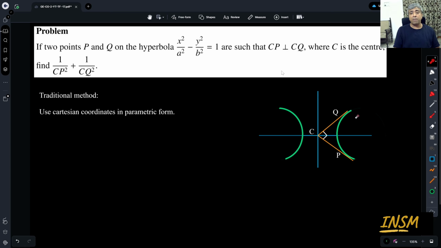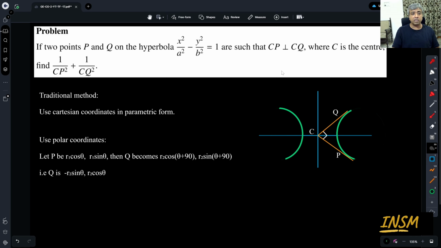Or another, better approach is that you take P as a sec theta, b tan theta, and Q as some a sec alpha, b tan alpha, and then try to solve it. In both these approaches, you are going to get pretty messy calculations. So a better approach here, especially in all those problems where distance from center is being calculated, is to try polar coordinates.